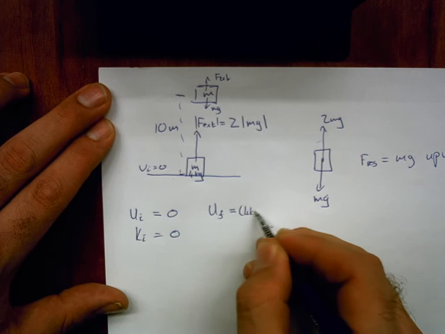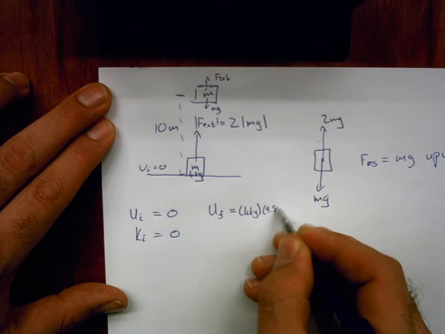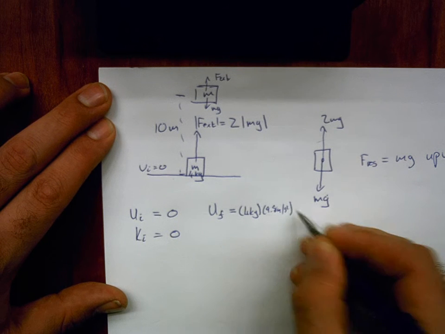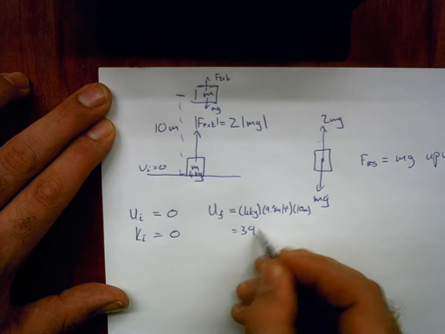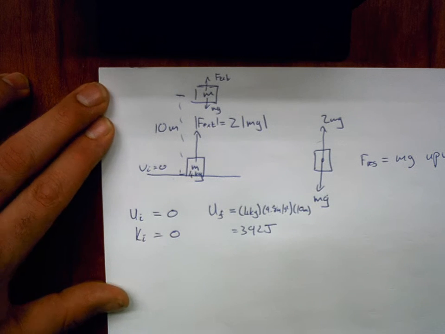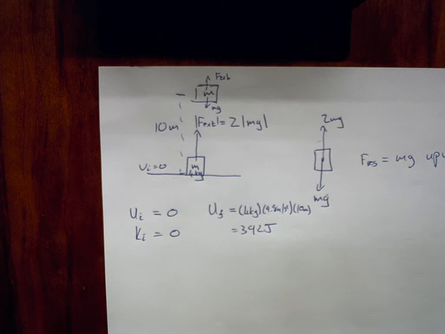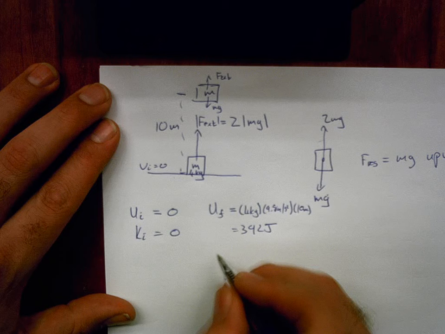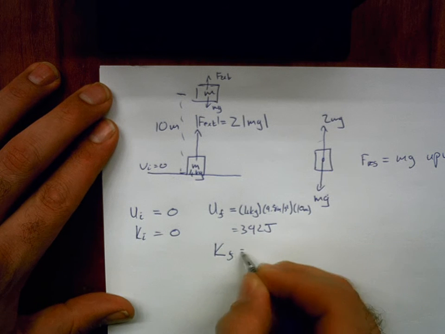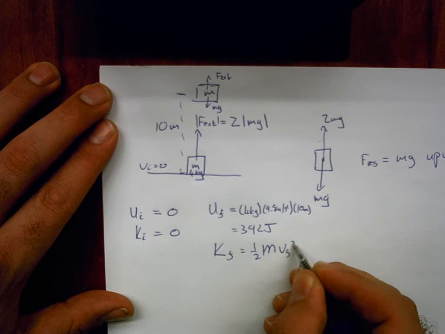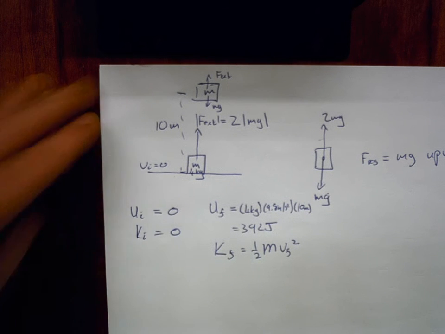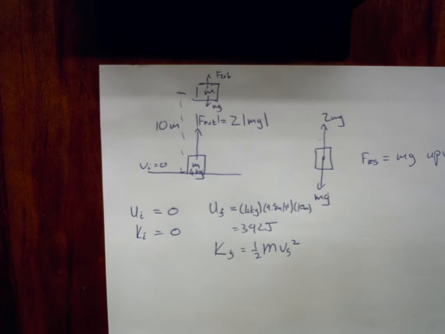The mass is 4 kilograms times 9.8 meters per second squared times 10 meters, and we found this was 392 joules. But its kinetic energy is not going to be 0. Its kinetic energy at this point is 1/2 times the mass times the final velocity squared. So we've got now both a change in potential energy and kinetic energy.